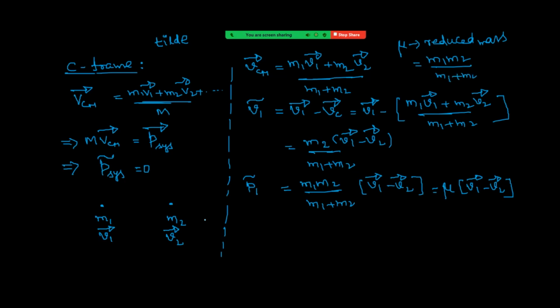Now we know that the momentum of the system is zero in the center of mass frame. That means for the second particle it is the same magnitude, direction opposite. You can see here M1 M2 by M1 plus M2 has no change, and in place of V1 bar minus V2 bar it becomes V2 bar minus V1 bar.